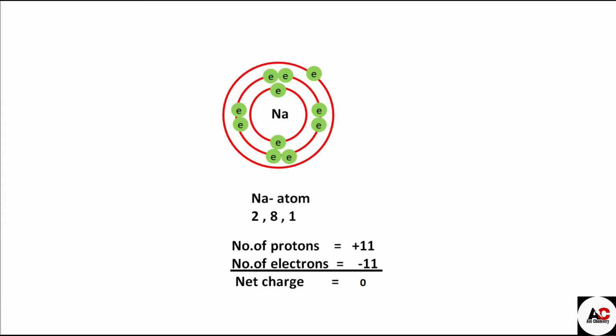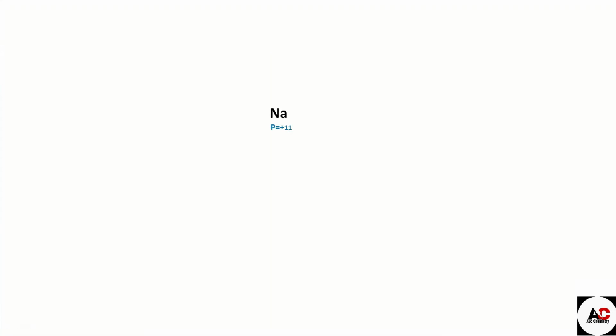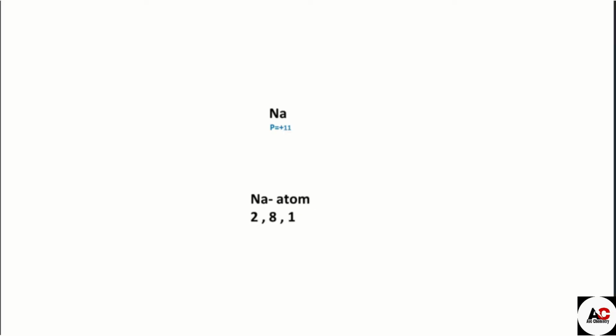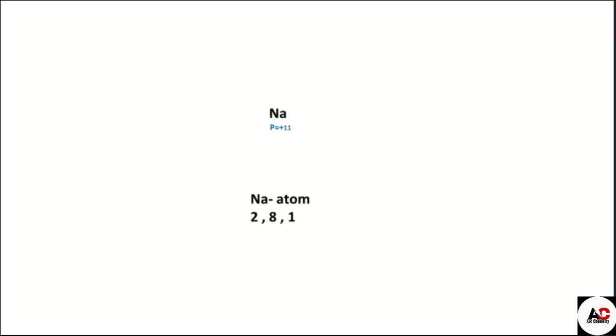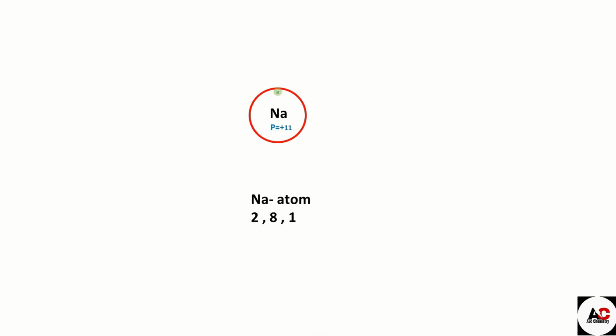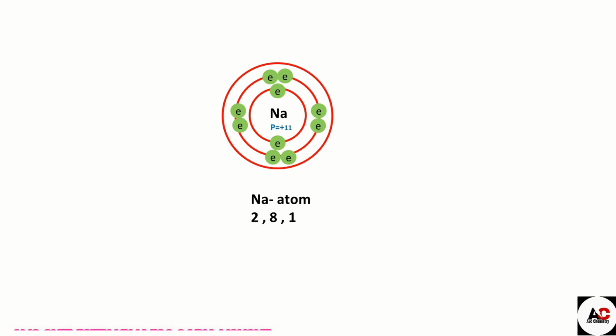For example, this is the structure of sodium atom. The arrangement of electrons in shells is 2, 8, 1. That means in the first shell it has 2 electrons and in the L shell or the second shell it has a total of 8 electrons, because the maximum accommodation of electrons in the second shell is 8, and 1 electron is present in the outer shell or valence shell.